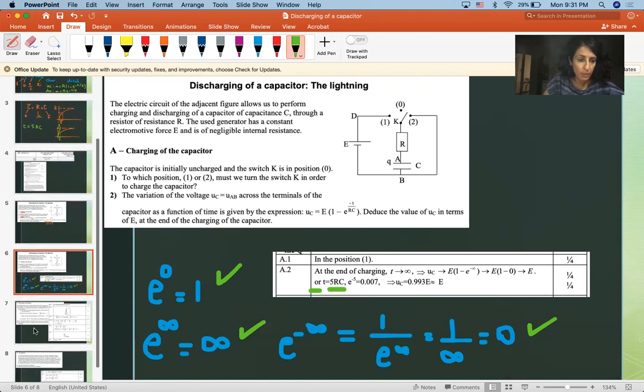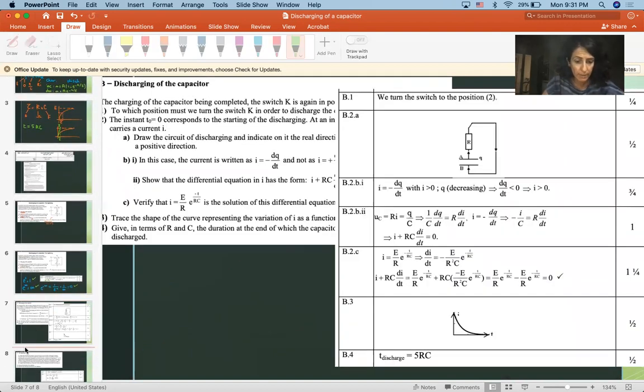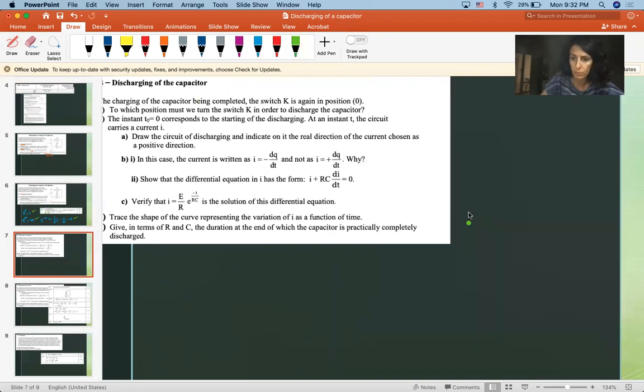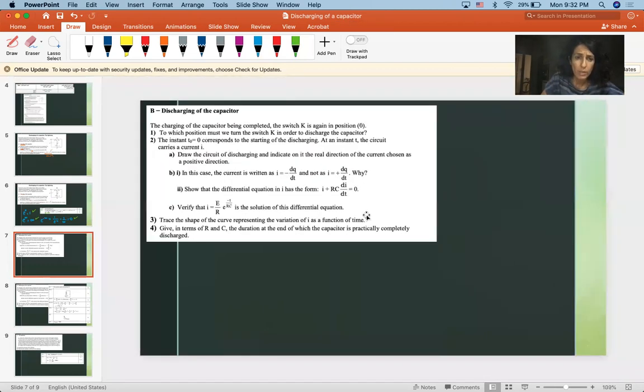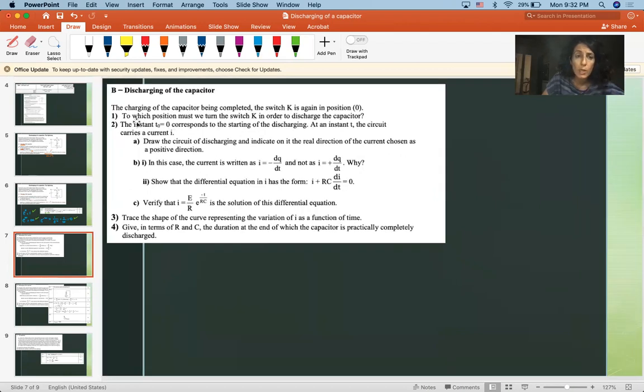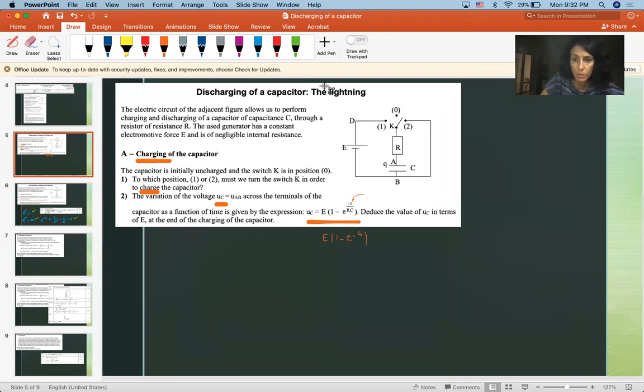Now part B. Let me duplicate this one to be able to remove the solution, and let's see what they want in this case. The discharge, now the charging is completed. To which position? Probably we can take the circuit diagram with us.